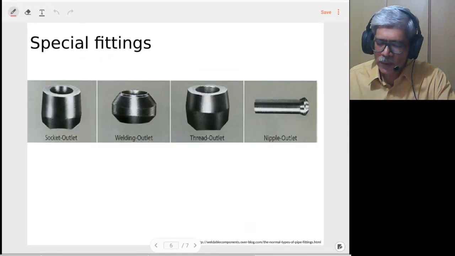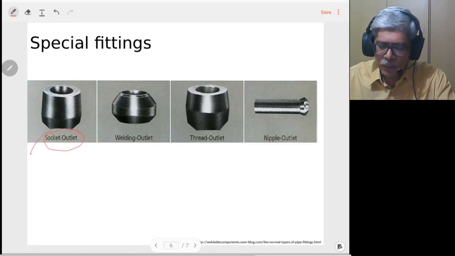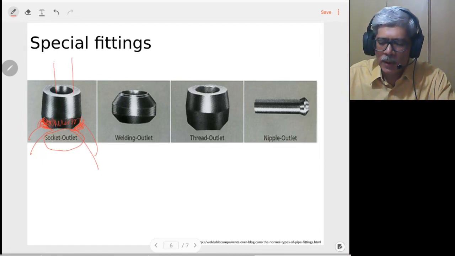There are certain special fittings, as I mentioned earlier. Those are used when you are trying to connect, at one end, like for this one, this is a socket outlet, or it is called sockolet, where one end will be welded to a pipe. So you have a pipe onto which one end will be butt welded. So this will be a butt welded joint, and on the other end you will be putting a pipe and then giving a fillet weld.